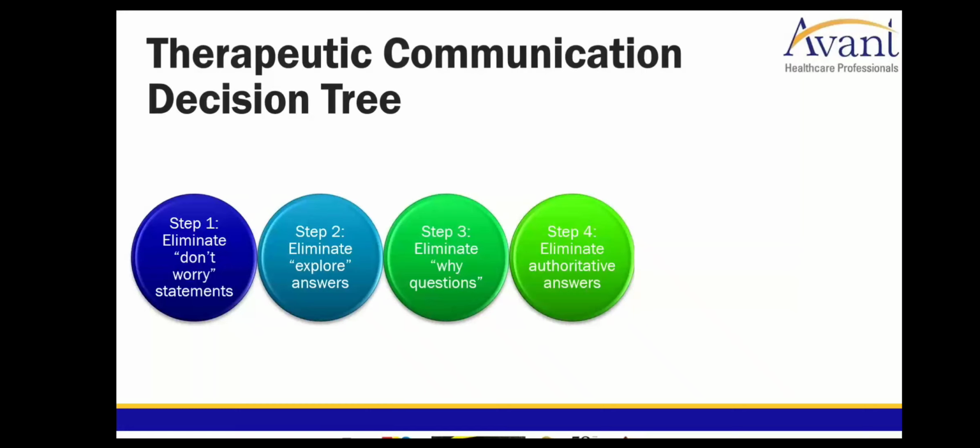Authoritative answers are kind of like giving advice, but what it is, is telling somebody what they should do, using your authority as a nurse or a doctor or a healthcare provider to tell them what they need to do rather than give them options and help them to make that decision on their own. Anytime you see one of these questions, you can go ahead and eliminate the authoritative answers.